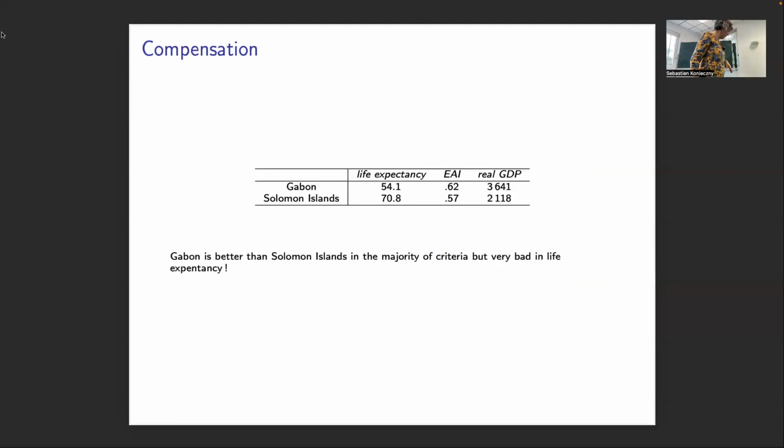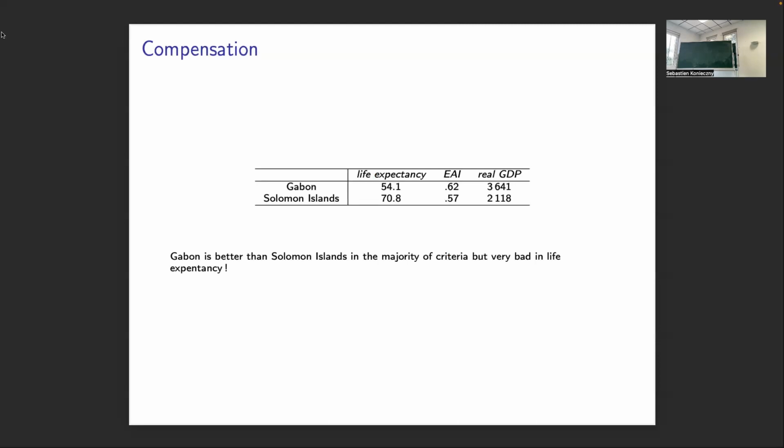And we stop here. So first of all, let's imagine. These are the real values from before 2000. You have 2 countries, Gabon and Solomon Islands, and you have these values that you know. The life expectancy in Gabon: you cannot live too long, 54 years only.